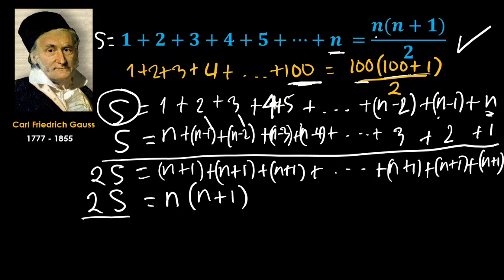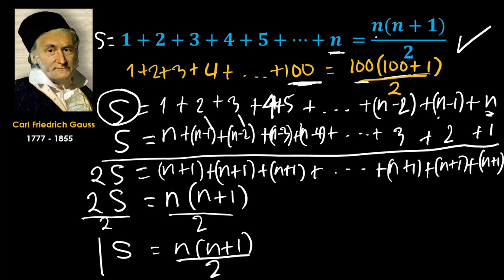We divide both sides by 2. And finally, we get the formula S equals n times n plus 1 over 2. So this is now a working formula for any number n. So your n could be any number. It could be 1 million, could be 1,000, or whatever it is.